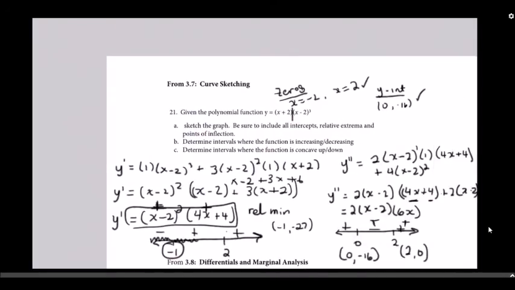So the graph of the function, and I'm sorry, I know I didn't give a lot of room here on the paper to finish this.